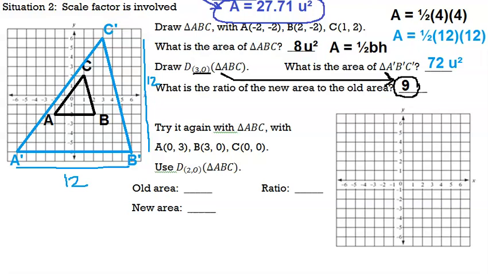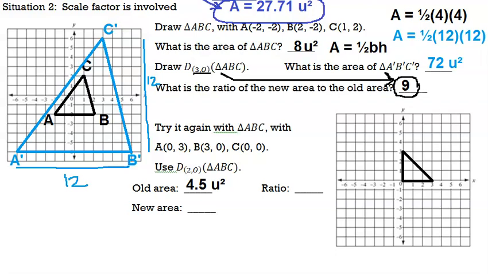Now, in order for you to see the pattern, I want you to try it one more time with one more triangle, and then we'll wrap up. So again, now you've got 0, 3, 3, 0, and 0, 0. As it is, the area is base of 3, height of 3. 1/2 base times height is 4.5.